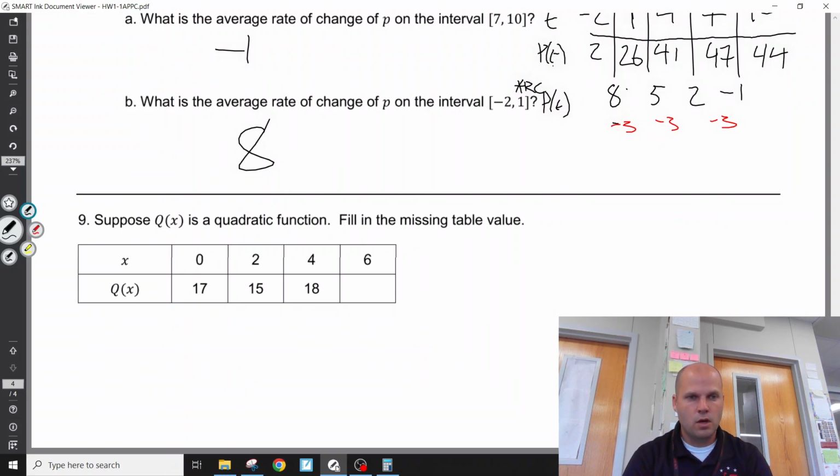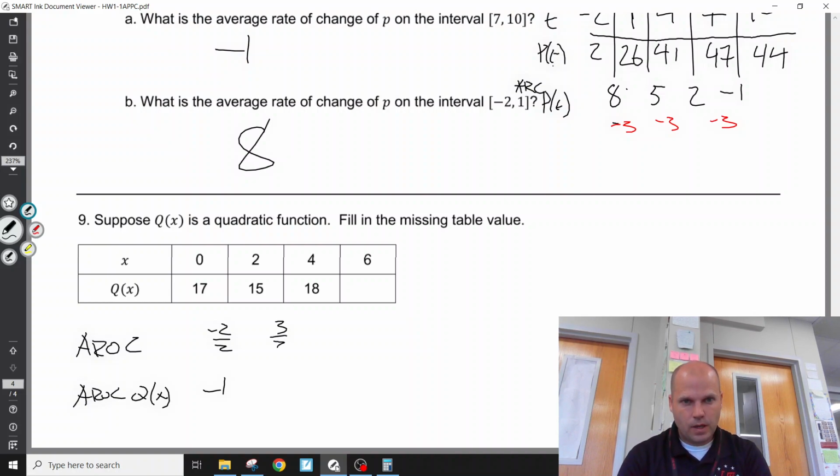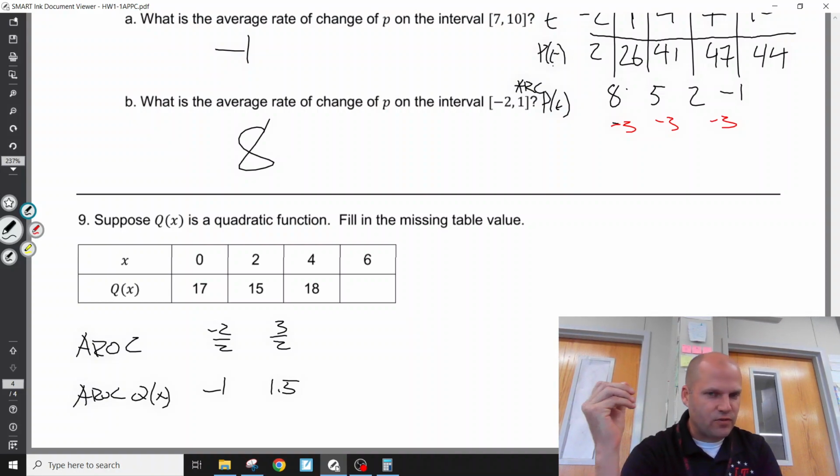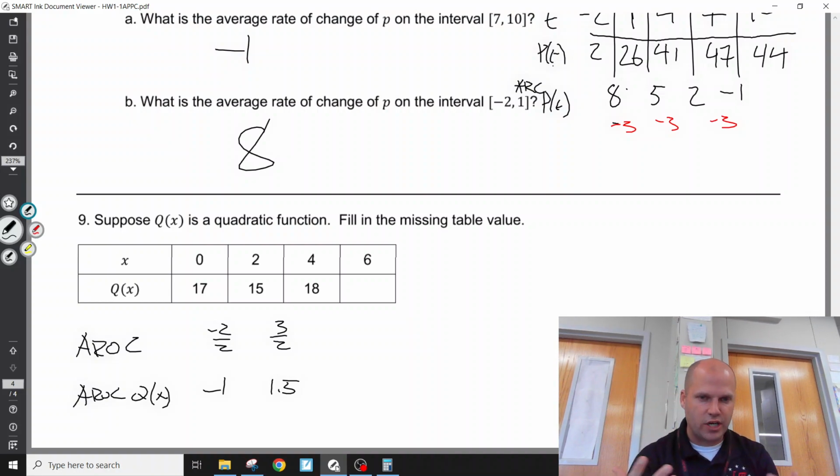If you know the average rate of change, you only need one value to fill out the rest of the table. Okay? So if the average rate of change of Q between 0 and 2 is minus 2 over 2, which is minus 1. From 15 to 18, we're increasing 3 halves, so that's 1.5. If this is a quadratic function, the average rates of change must be changing consistently, changing linearly.